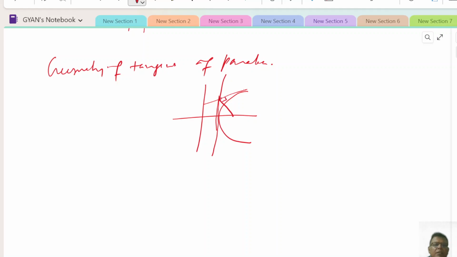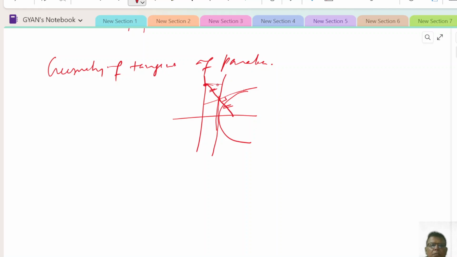This will make 90 degree and it will lie on the vertex line. Suppose you extend the same length here, so this will be equal and it will lie on the directrix. So this is the first.